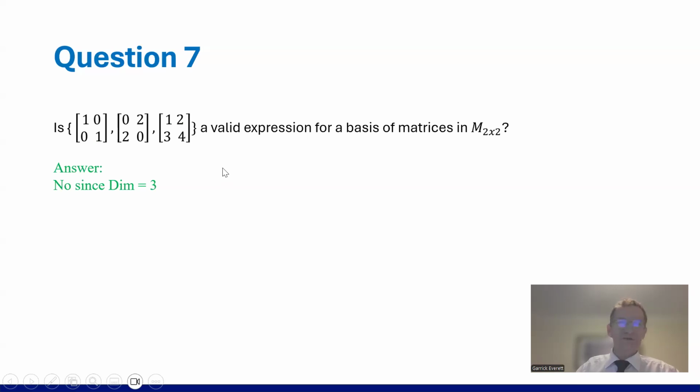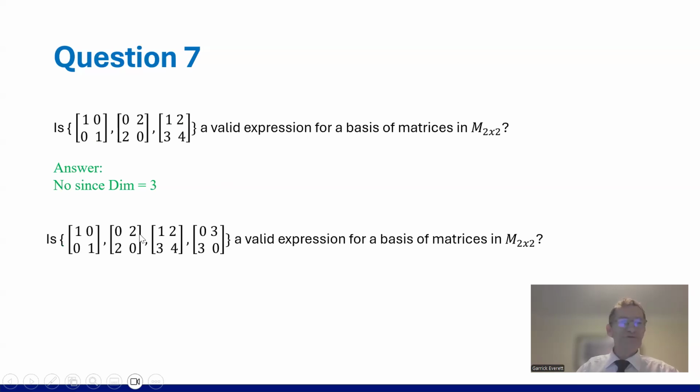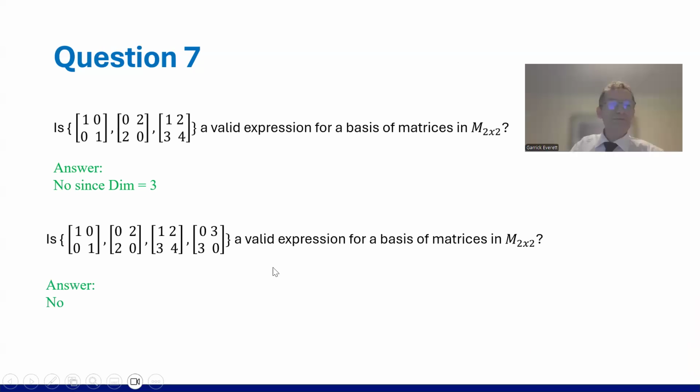So let's do that. Is this, with 4 matrices, a valid expression for a basis of matrices in M2 by 2? Look carefully and think. 5, 4, 3, 2, 1. And the answer is no. Hopefully you've figured out why.